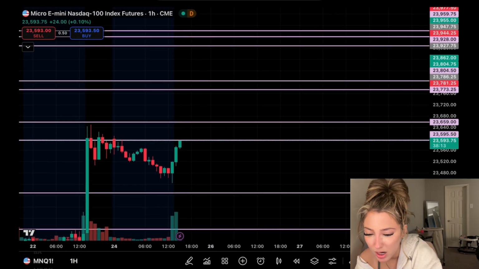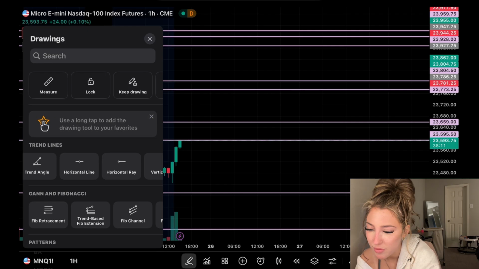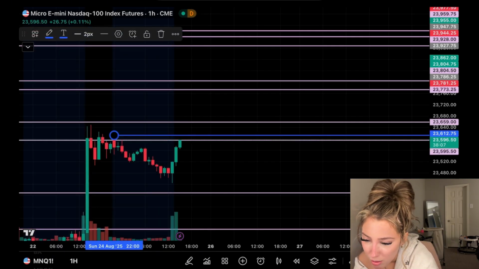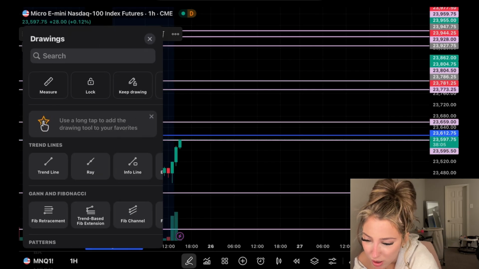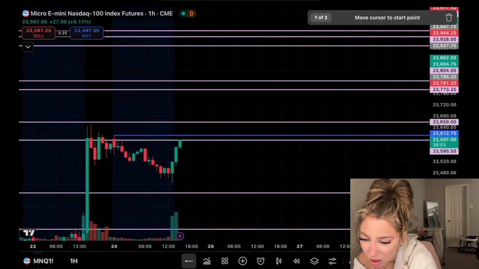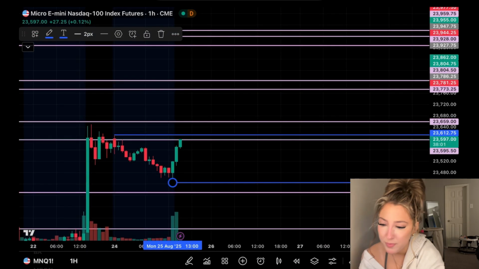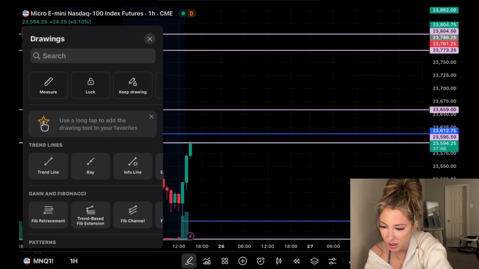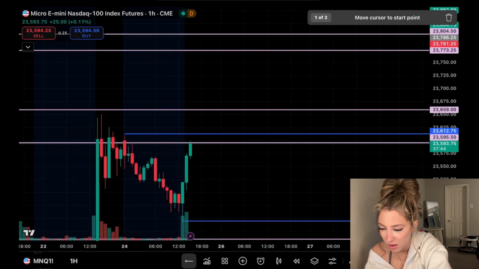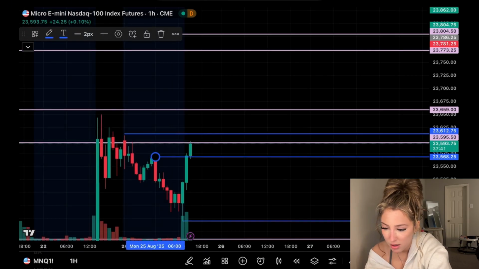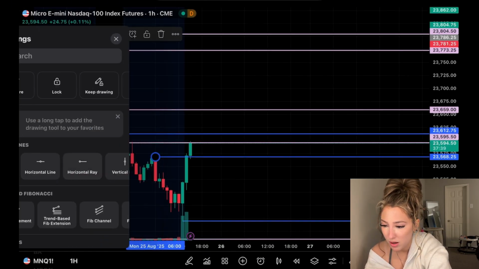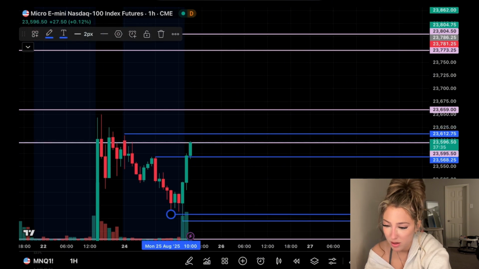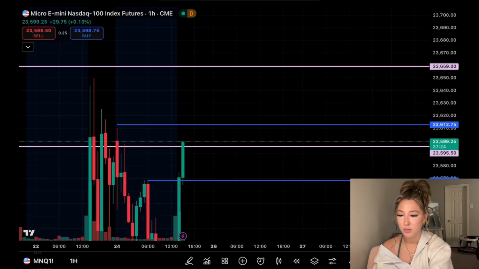Okay, previous session high would be right there. Previous session low would be right here. Let's see if she reacts here. This would be a high. This would be a low. Let's see what she does here.